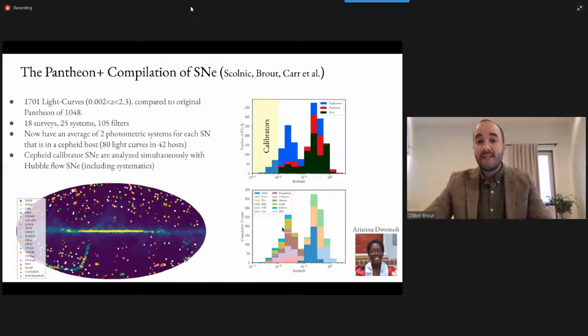And what that gets us is an average of 2 photometric systems for every supernova in a Cepheid host. That's 80 light curves for 42 hosts. So that really lowers our sensitivity to potential sources of systematic uncertainty, namely survey calibration, which we're always worried about.